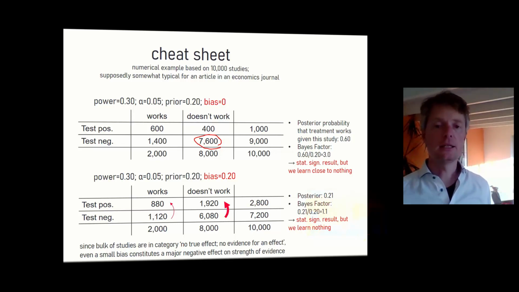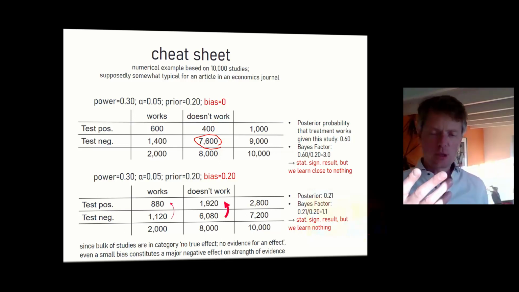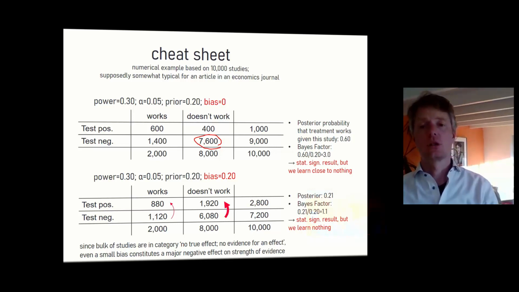And obviously 20% of 1,120 is much smaller than 20% of 6,080. So there's only a small shift in the studies that are conducted when the treatment does work.